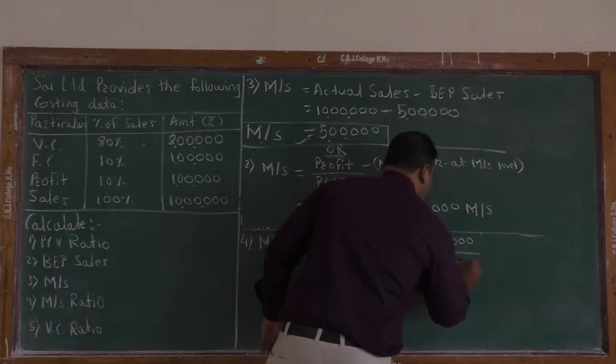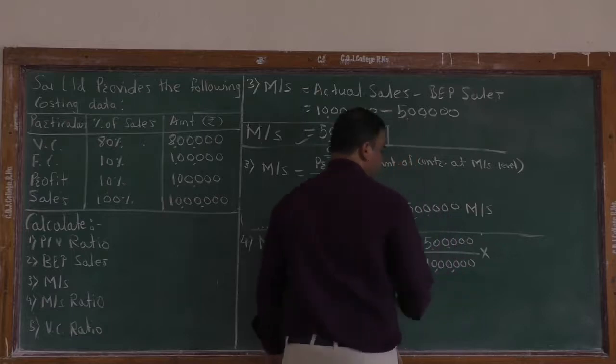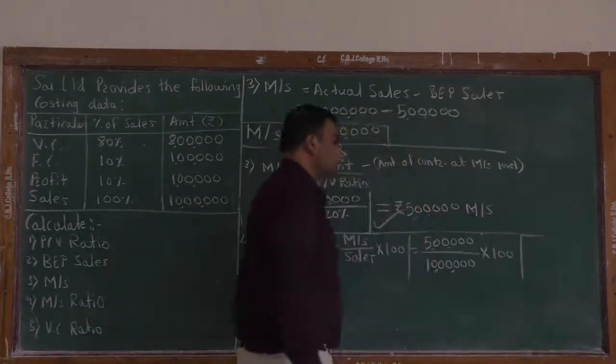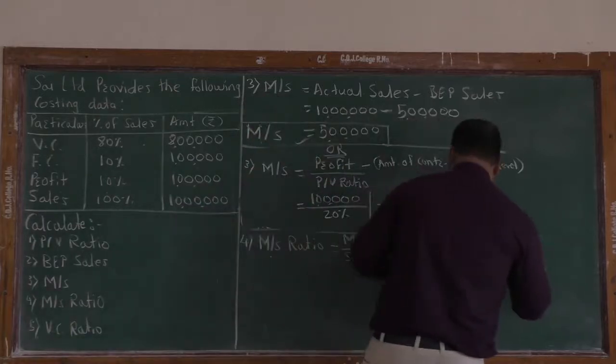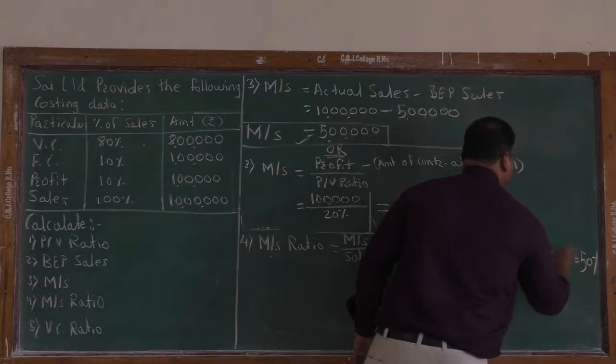So 5 lakh margin of safety upon 10 lakh actual sales into 100 is equal to 50%. You can see the margin of safety 5 lakh, which is 50% of sales 10 lakh. So margin of safety ratio will be 50%.